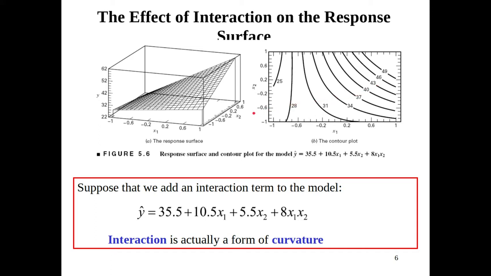Also, one thing you'll notice is that this is a special curvature type. It's not like a mound type. That mound type will happen only if we have quadratic terms or cubic terms. But this is some twist in the plane because of this added interaction term. So that's how the effect of interaction can be shown in various plots.